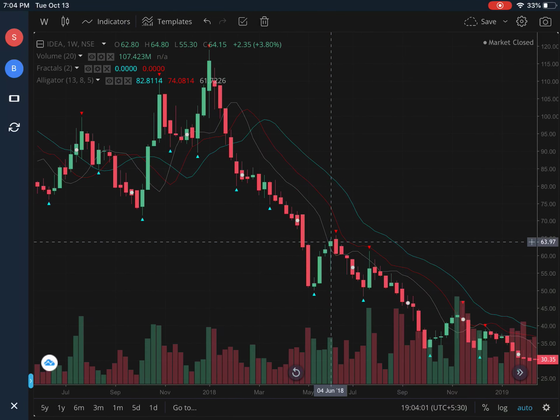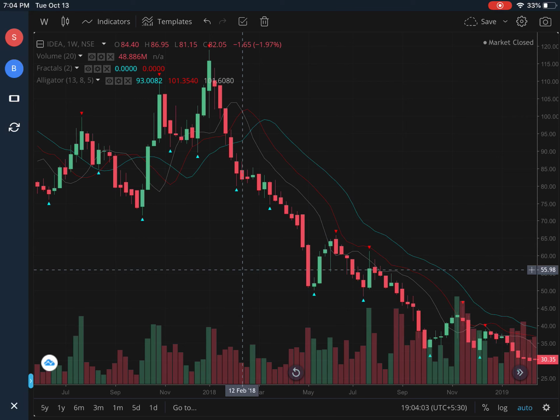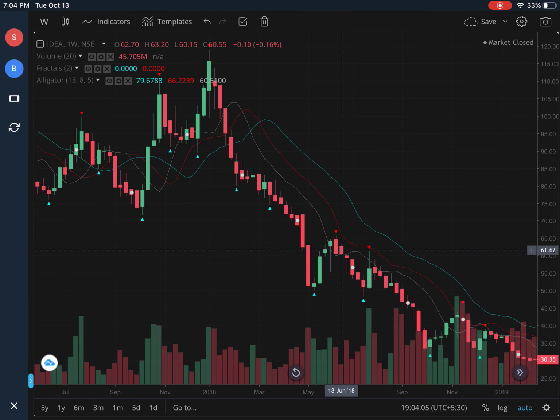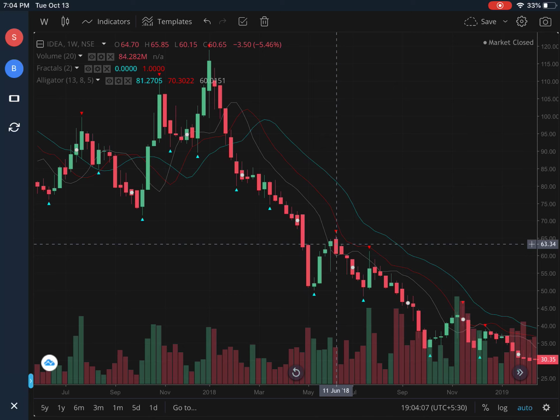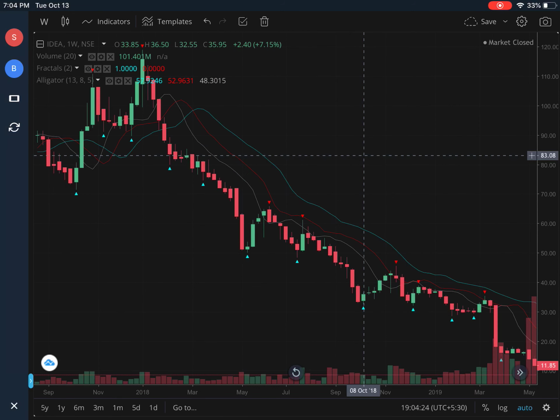Similarly, even with the formation of an up fractal, you can add positions, because in a downtrend I've told you that an up fractal is a resistance, so it's likely to come down, and unless that fractal is crossed, the downtrend will continue. Also, the three lines of the alligator were sloping down and in phase, so that indicated that the downtrend continued.